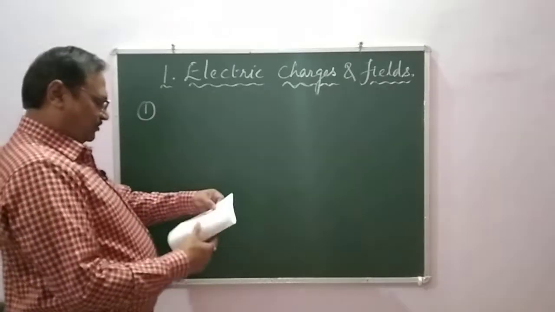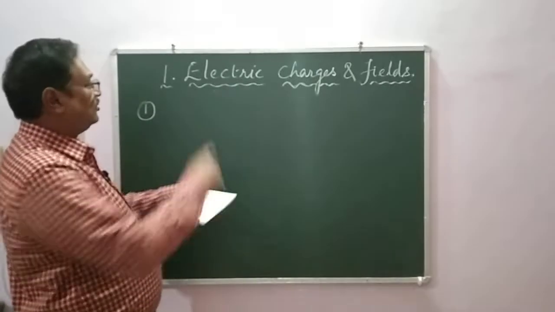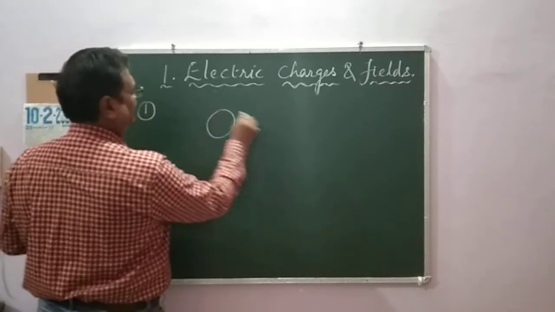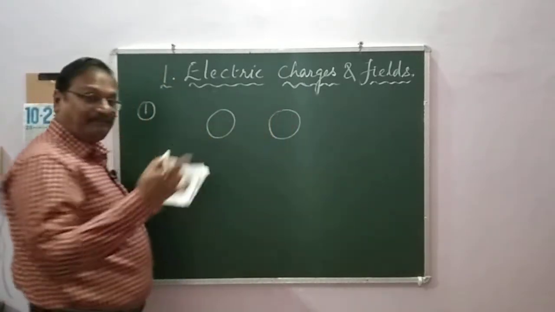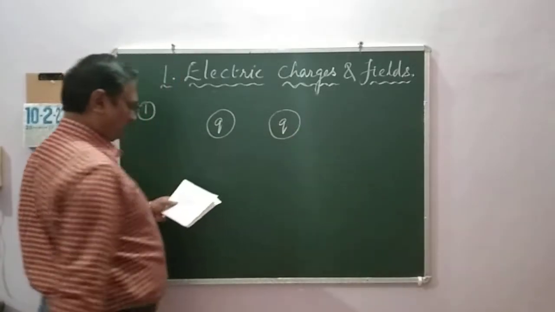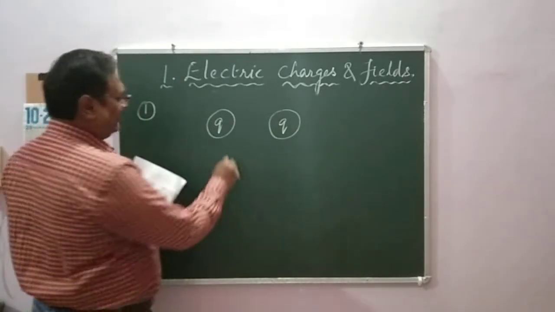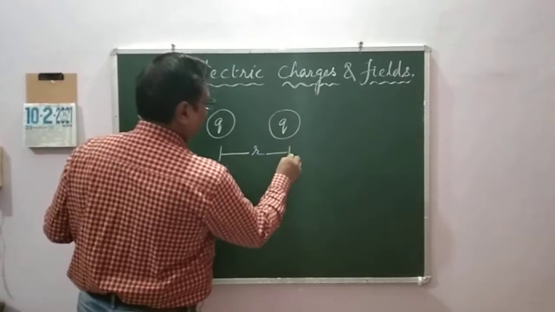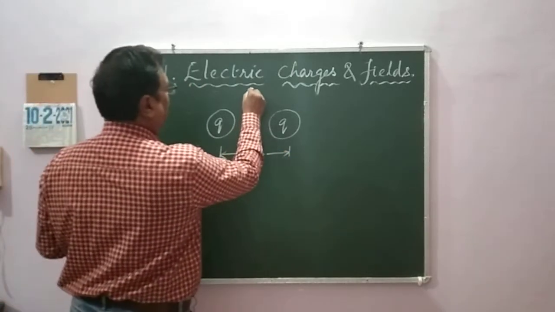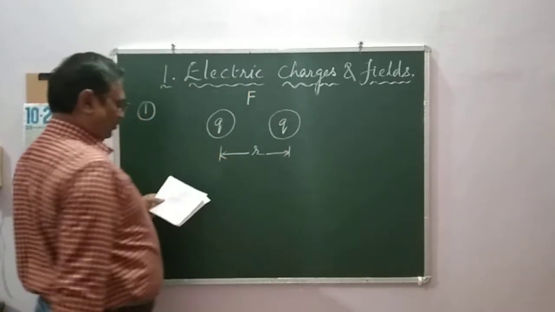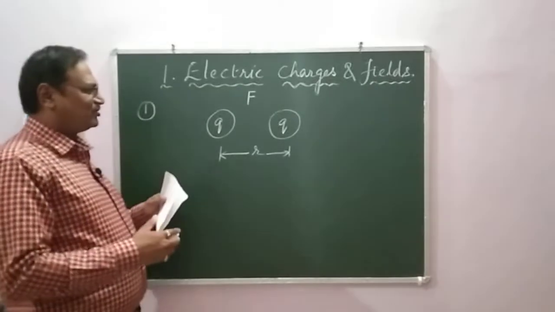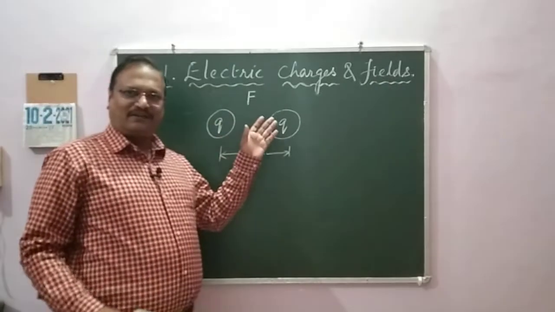Now, the second problem is also based on the same chapter. Two charges of equal magnitude, Q and Q, are kept at a distance R, and experience a force F. Equal magnitude they have said, but again they have not said whether positive or negative.